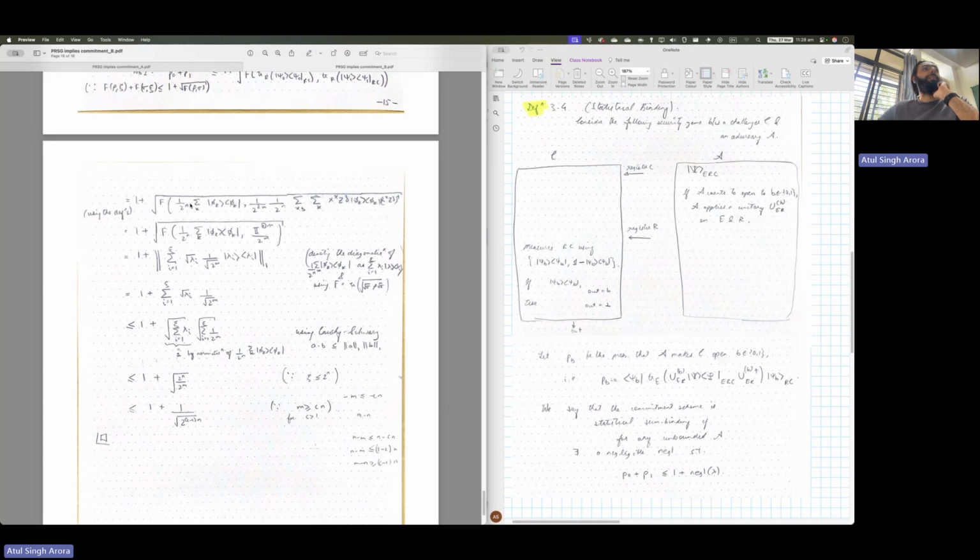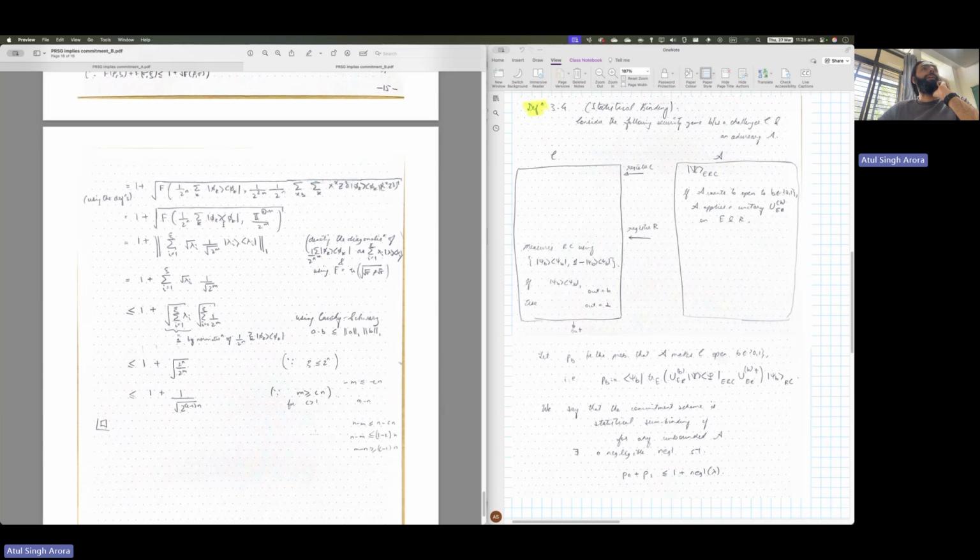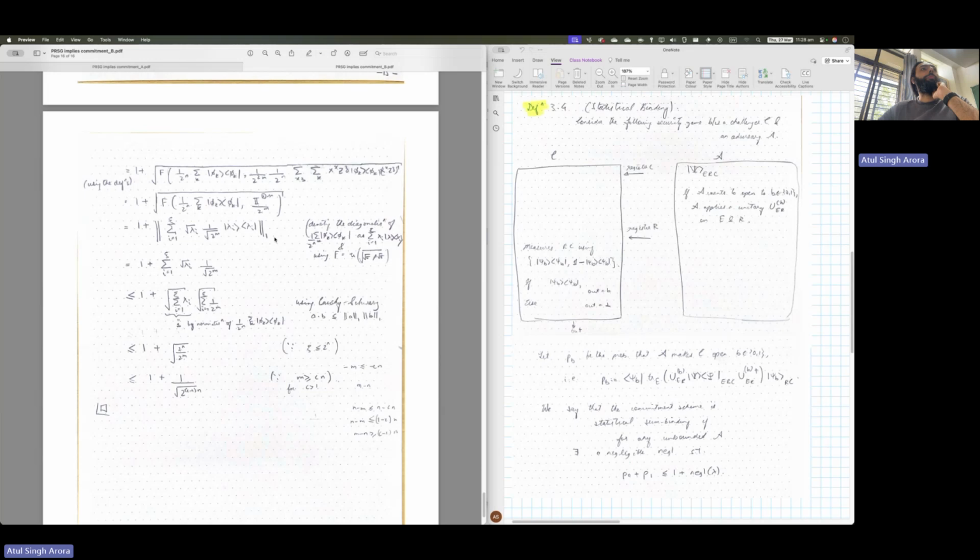The other part is exactly the same. Now we can assume that this state can be diagonalized, since it's a density matrix, so we assume that the diagonalization is given by lambda_i. And then this is the identity, so you can also write it in the lambda_i basis, and then you can expand the fidelity, and you'll get this expression.